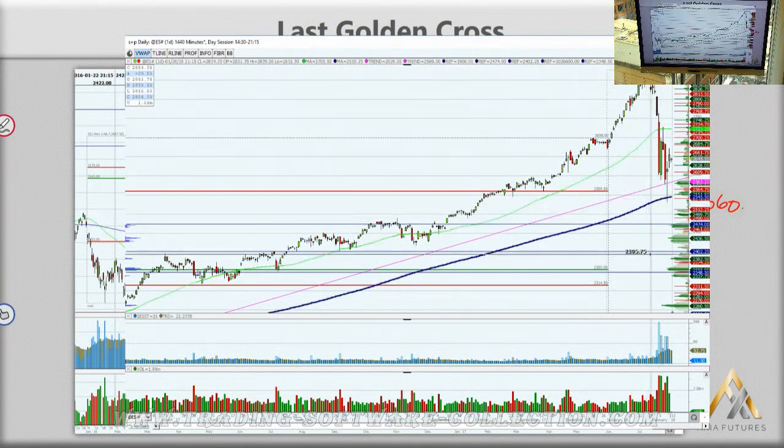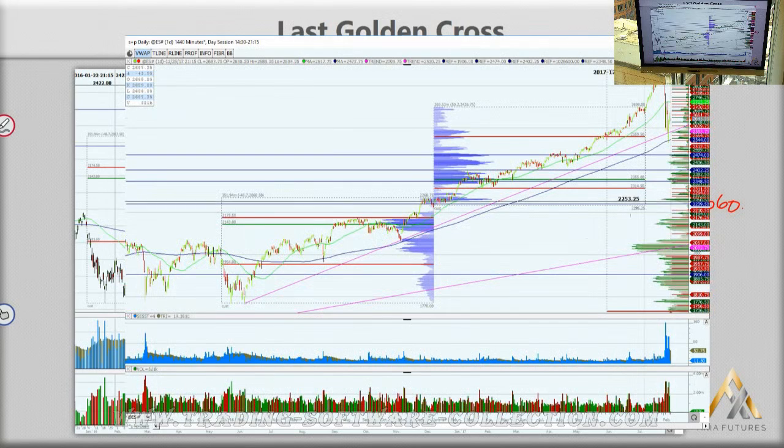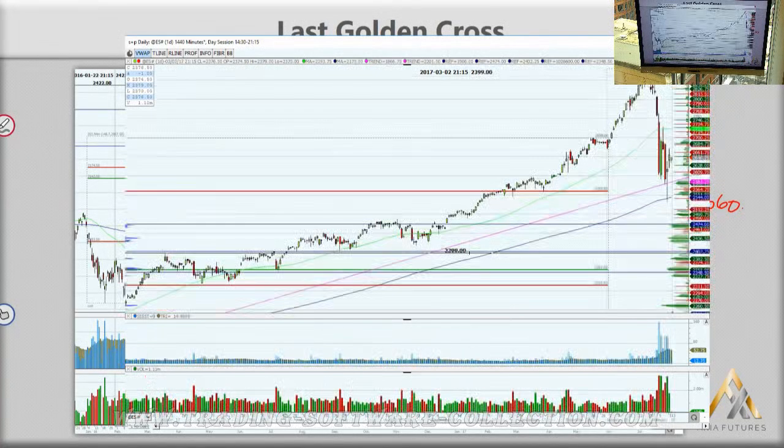Although that 200 is still holding, and that has not been touched since Brexit. That was the last time that 200 period moving average got touched in the S&P. So if you are holding on to it above the moving average, then you're still okay on that trade all the way from 2060, so you're still 600 handles onside.